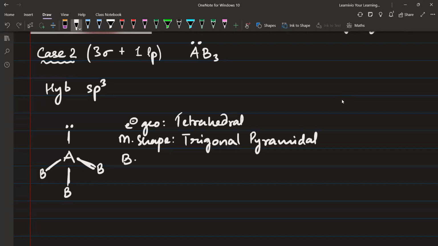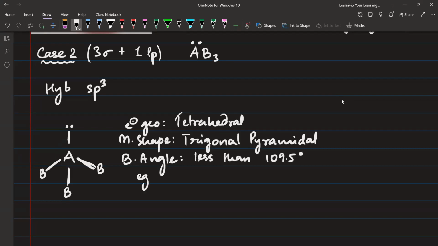The bond angle in this case will be, see, this lone pair will be exerting more repulsion because lone pair-bond pair repulsion is greater than bond pair-bond pair repulsion. So this repulsion will be greater, and that's why this will decrease the bond angles between the bonds. It will be less than 109.5 degrees.